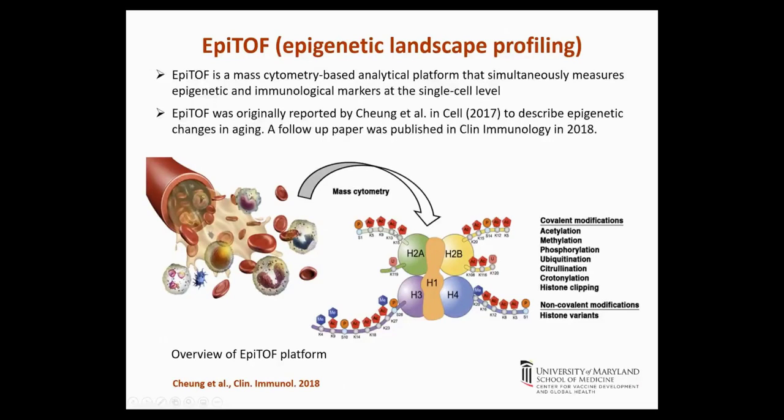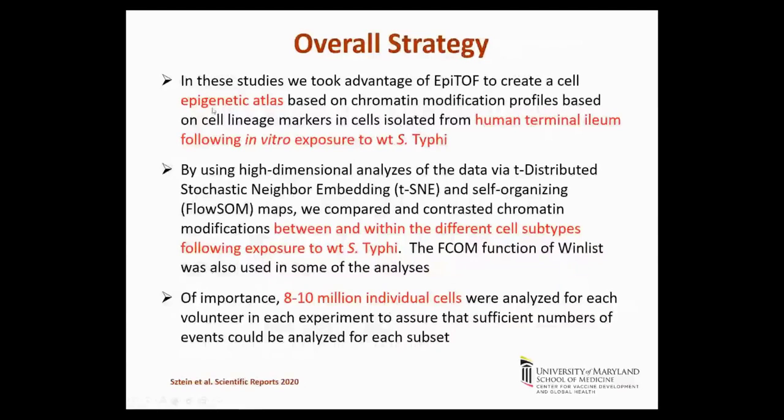And as you can see, there are monoclonals that recognize these epigenetic changes in all of the histones, histone 1, 2A, 2B, histone 3, and histone 4, and they involve both methylation and acetylation, and all of the other signatures I just described, which are very clearly illustrated in this diagram from the Clinical Immunology 2018 paper by Cheung et al.